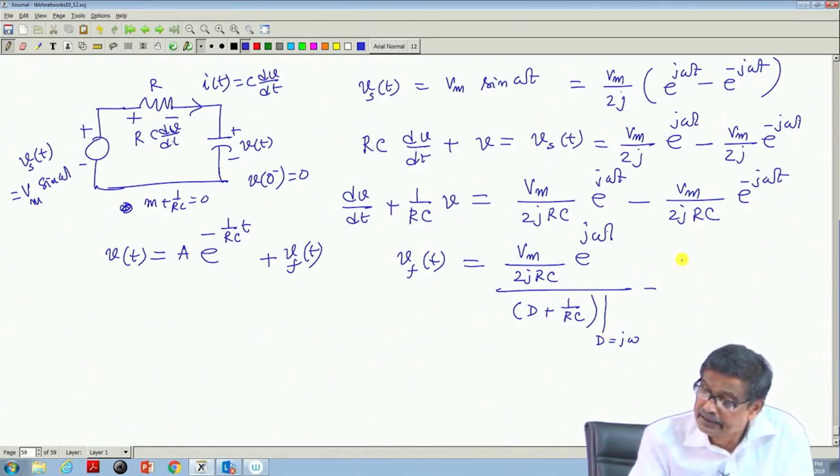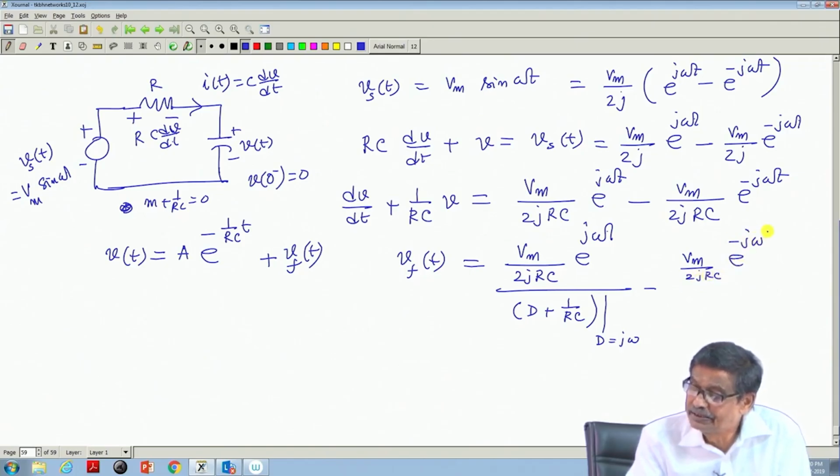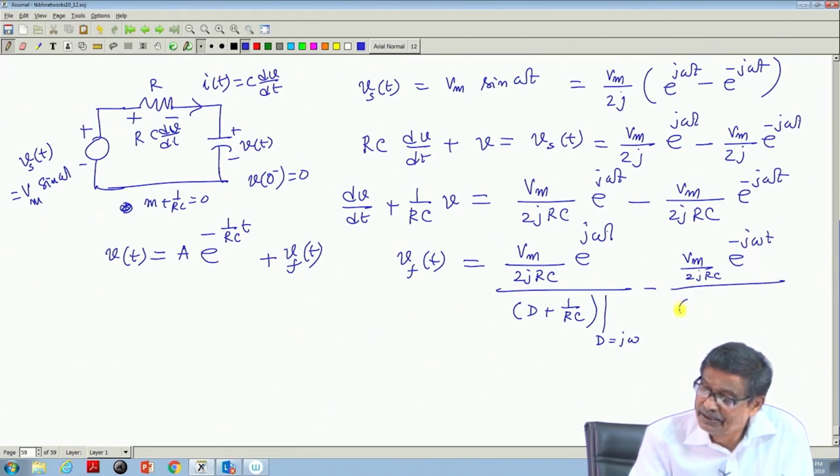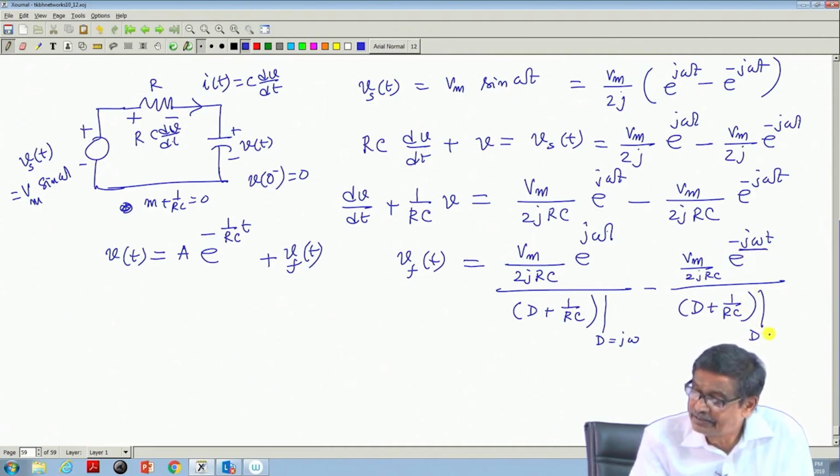Then minus V m, this is the input signal e to the power minus j omega t, divided by D plus 1 over R C, to be evaluated at D equal to, what is the value of s? Minus j omega.